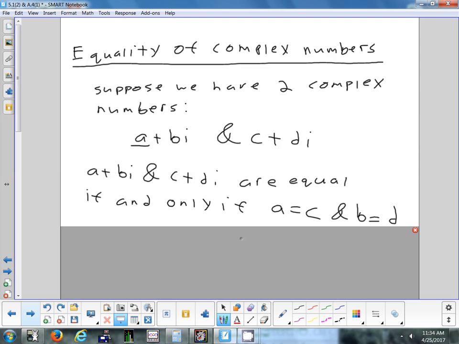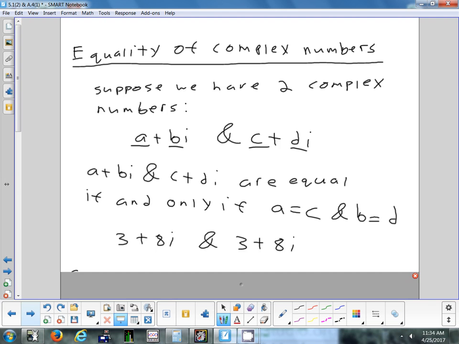You have to check that the real part in the first one matches the real part in the second one, and the imaginary part in the first one matches the imaginary part in the second one. With regular numbers, or just real numbers, you just have to check one thing. But complex numbers have two parts, so you need to check two things to see if they're equal.